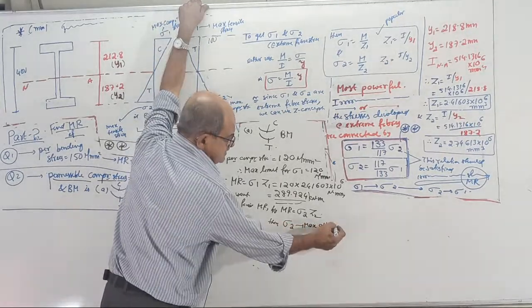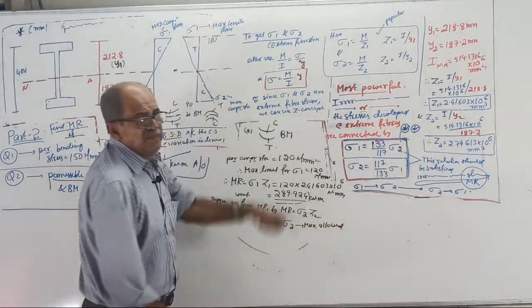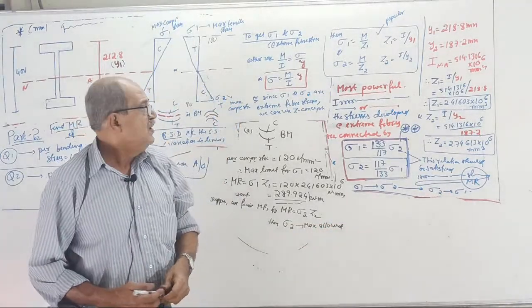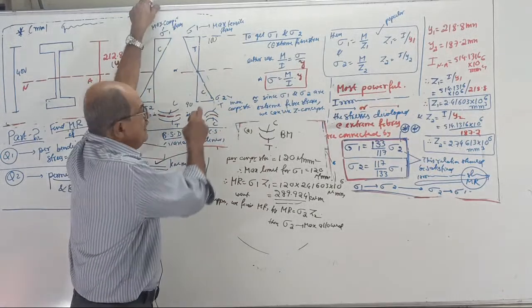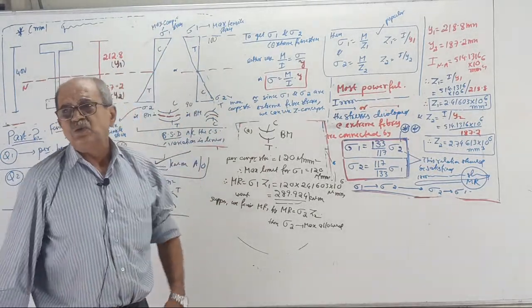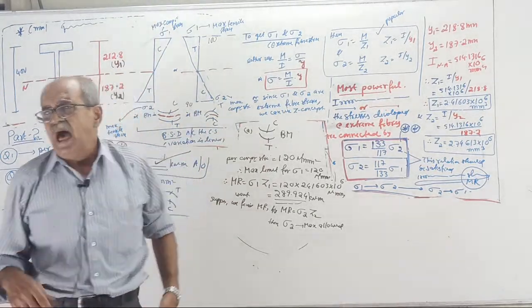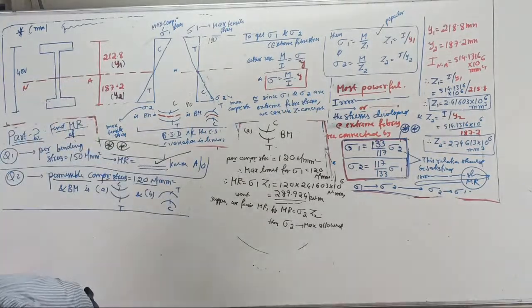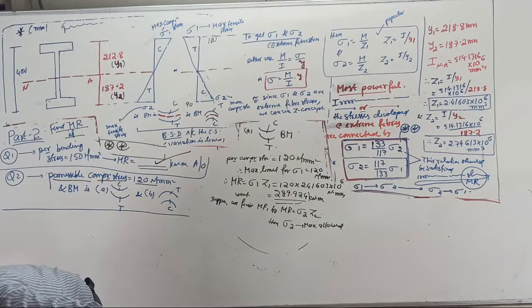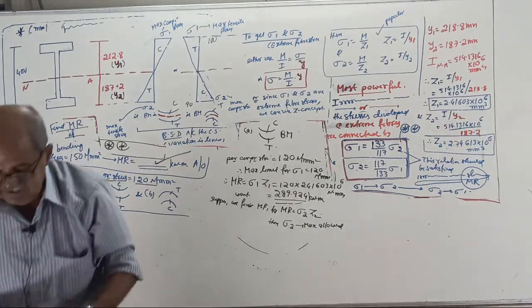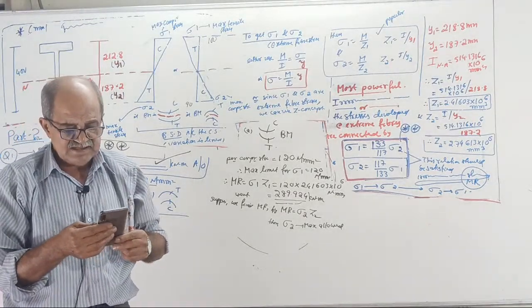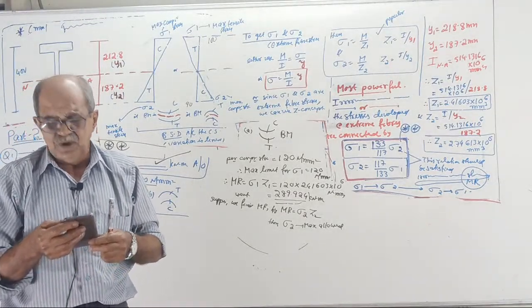If you find a sagging BM, if you want to find MR by sigma 2 Z2, then that sigma 2 should be maximum allowed what stress? Allowed or permissible, both are same.